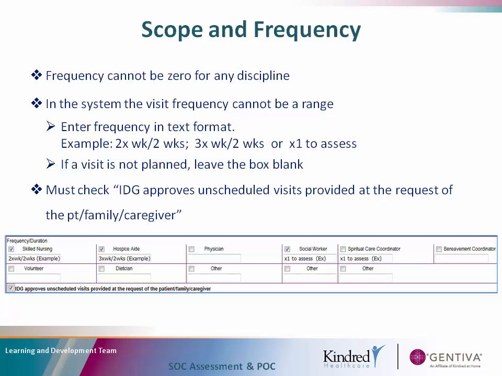If the social work service has been refused, document the conversation in the narrative and leave the frequency blank. If a volunteer has been requested, you would also document times 1 to assess. The manager of volunteer services would determine those needs. If a volunteer has not been requested, leave the box blank.